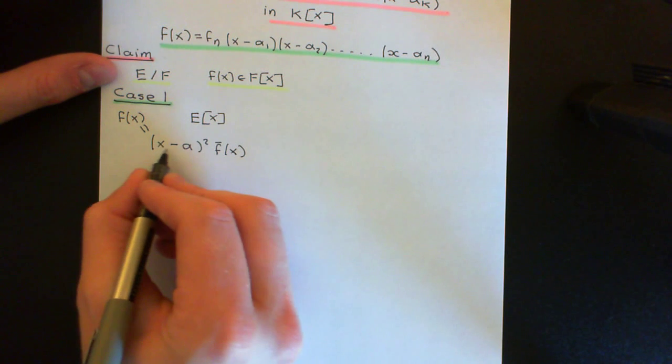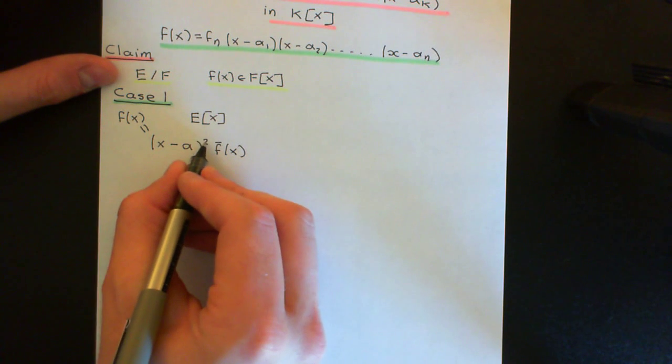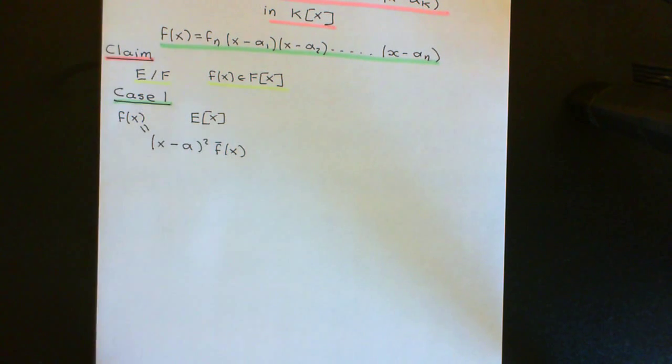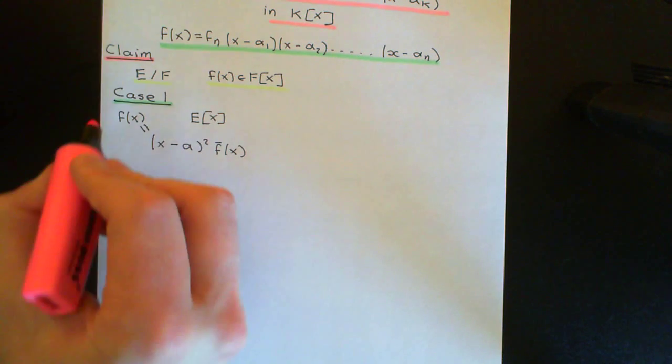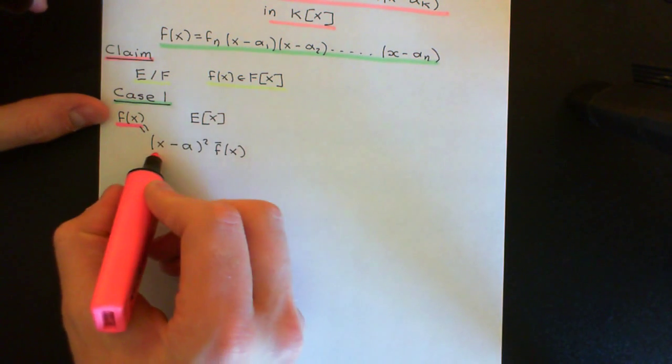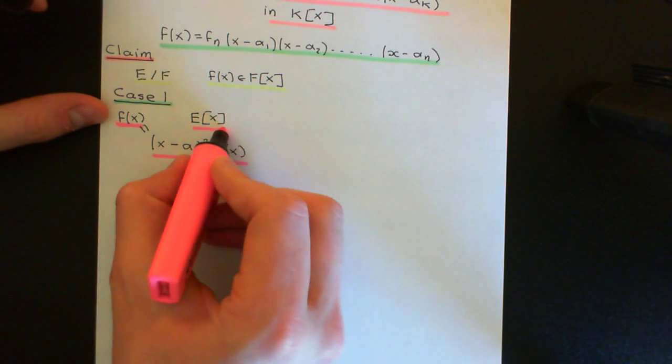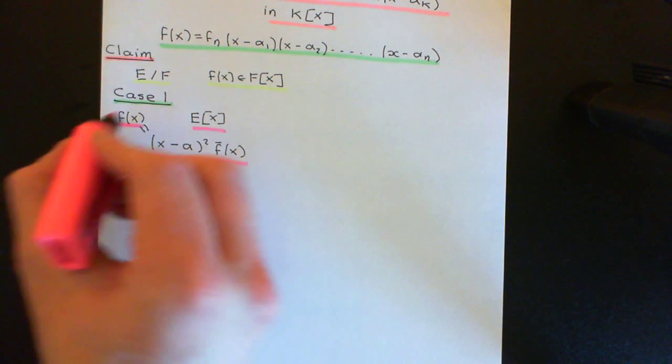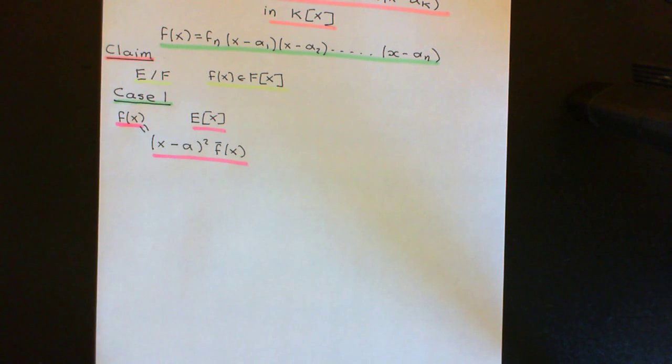You cannot suddenly get this root appearing to multiplicity 2 over this field extension E, for this polynomial which I'm assuming is separable here. That's not possible to do. So I want to prove that this is not possible. The roots will all be simple in this field extension of f.